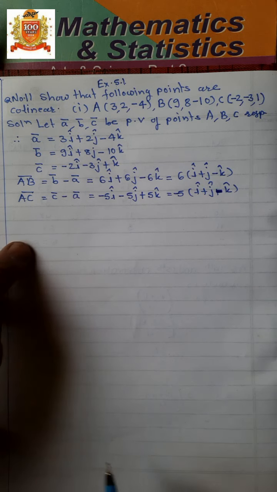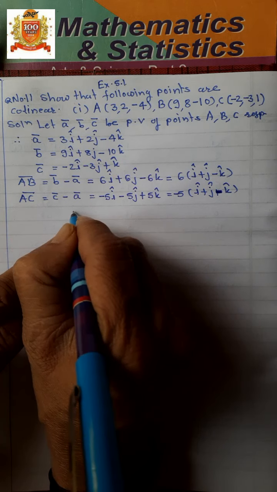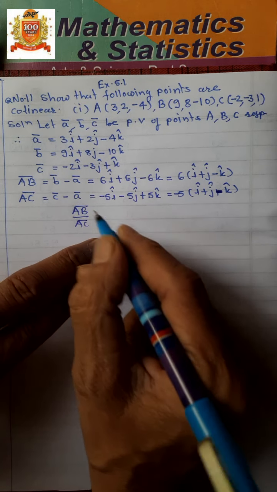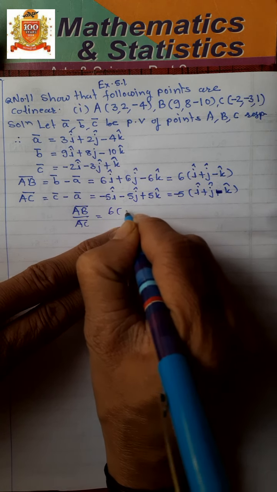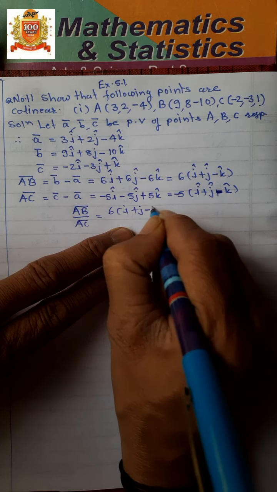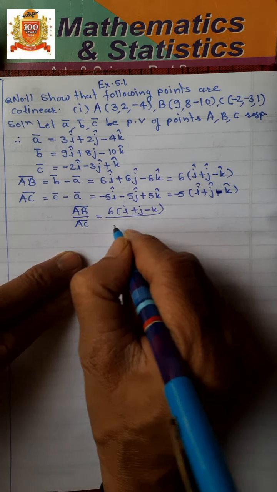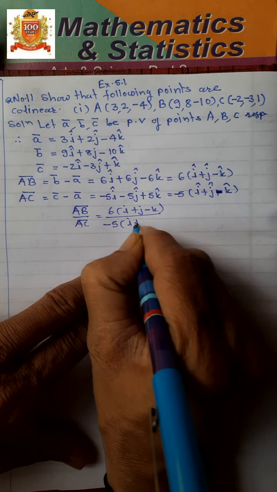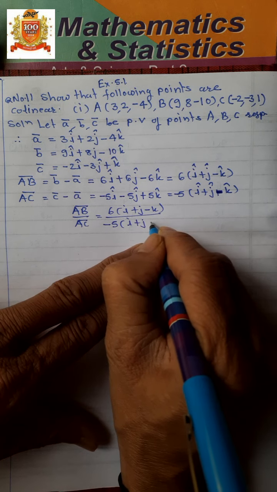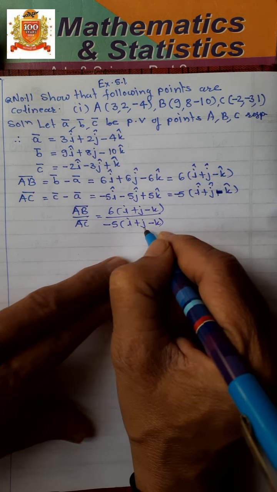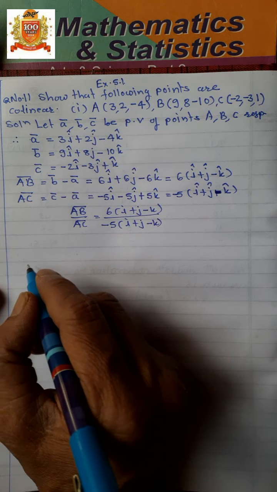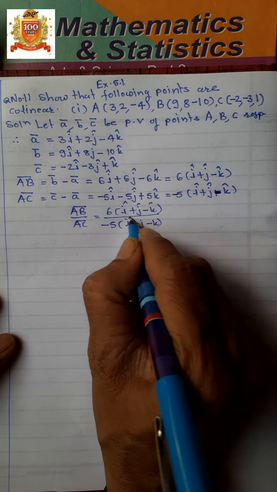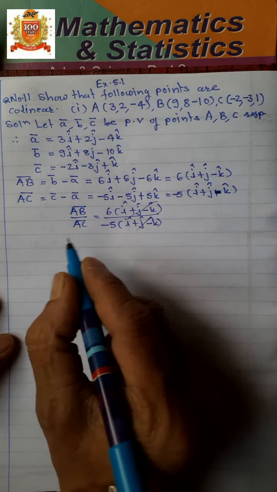Now we find ratio AB bar upon AC bar is equal to 6 in bracket i plus j minus k upon minus 5 in bracket i plus j minus k. Isn't it? Now this gets cancelled, this gets cancelled.